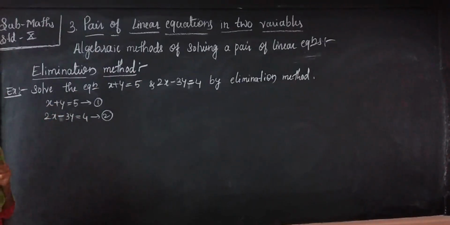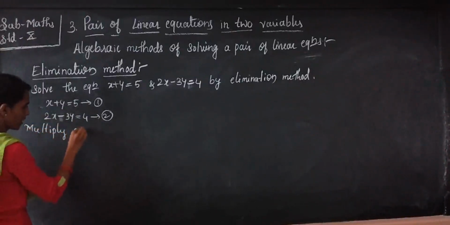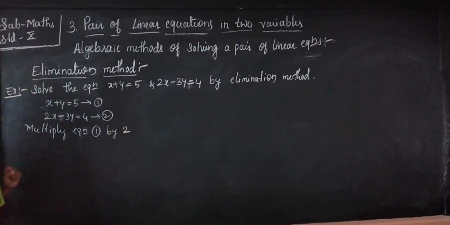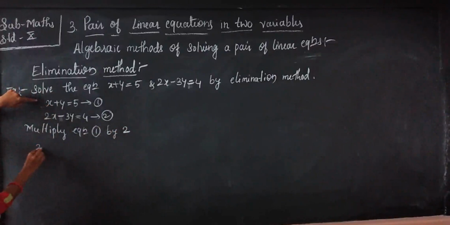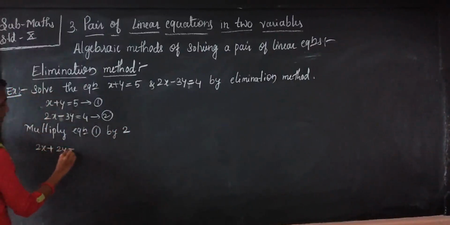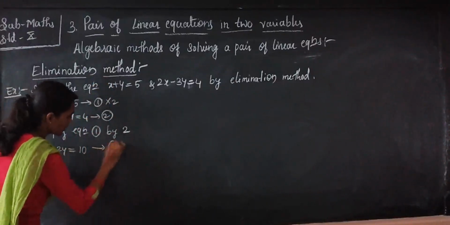For now I am going to multiply equation 1 by 2. So that will become 2x plus 2y is equal to 10, since we are multiplying the equation by 2. Consider this as equation number 3.